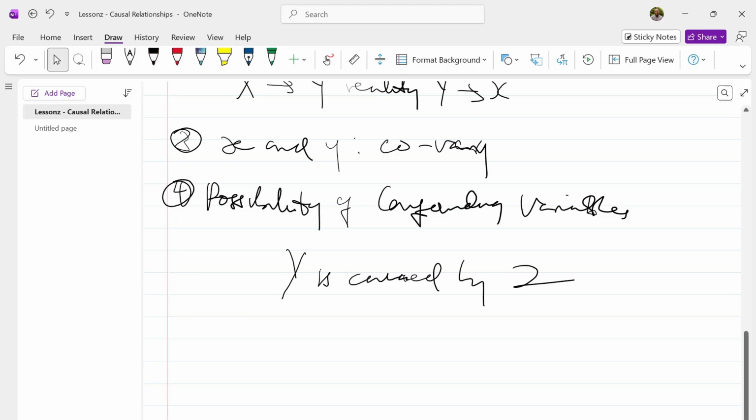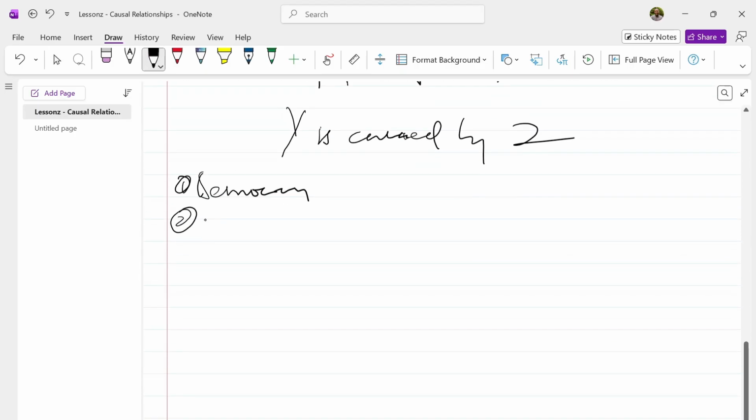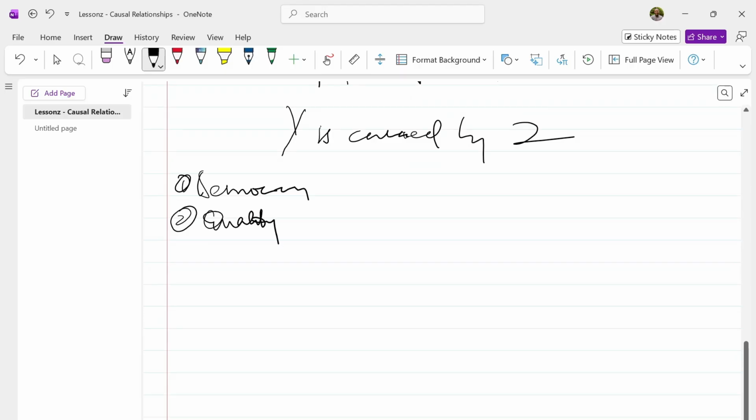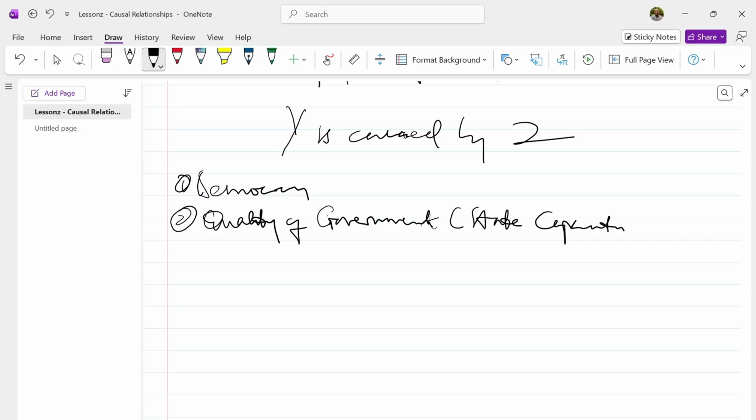Democracy might contribute to economic development, but quality of government can also contribute to economic development. These two are not the same. Quality of government is somewhere along the lines of state capacity, and that is different from democracy or regime type.